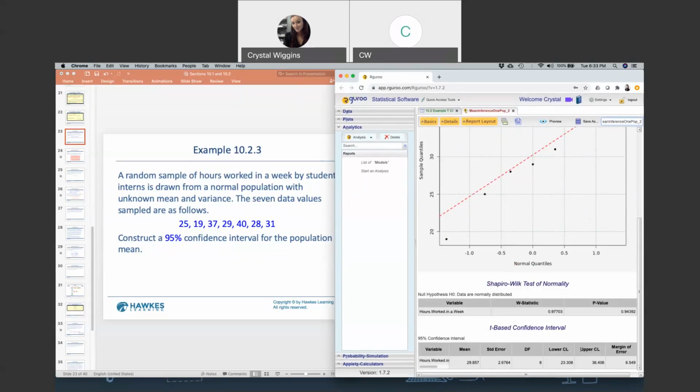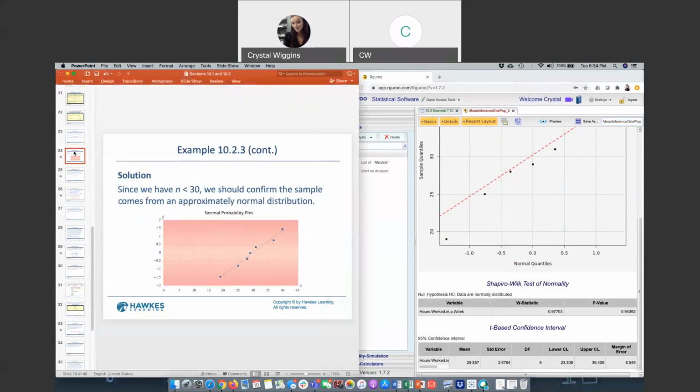So our confidence interval is from 23.3 hours to 36.4 with a margin of error of 6.5 hours. So we are 95% confident that the population parameter of mean hours worked in a week by student interns specifically falls within 23 to 36 hours.